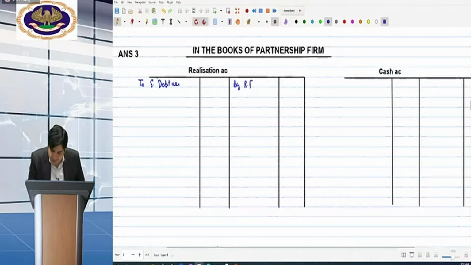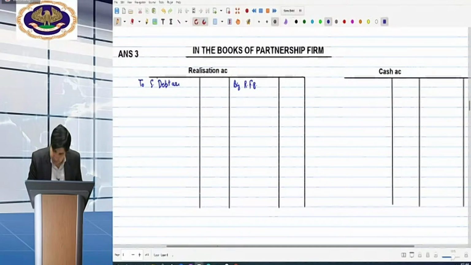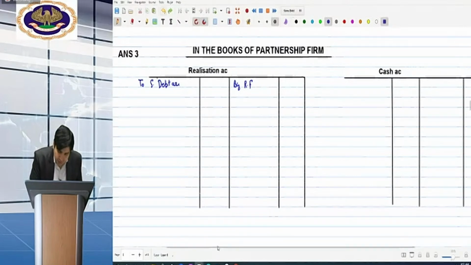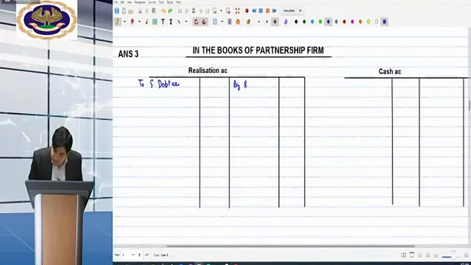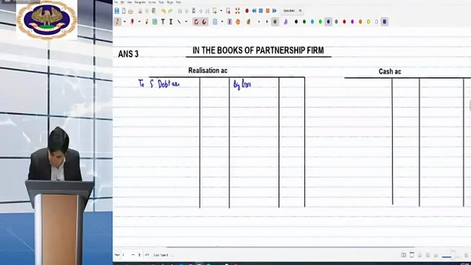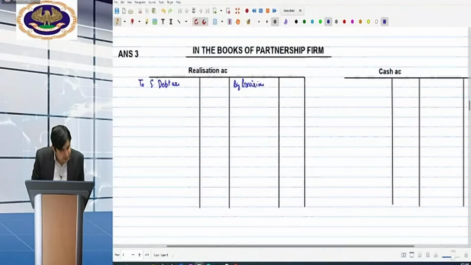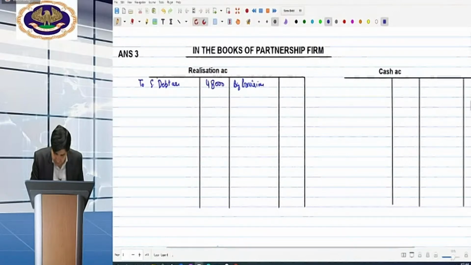RFBD, reserve for bad debts. Sorry, provisions. By provisions, whatever the account is there, that has to be maintained. This is 48,000, and then 1,500.